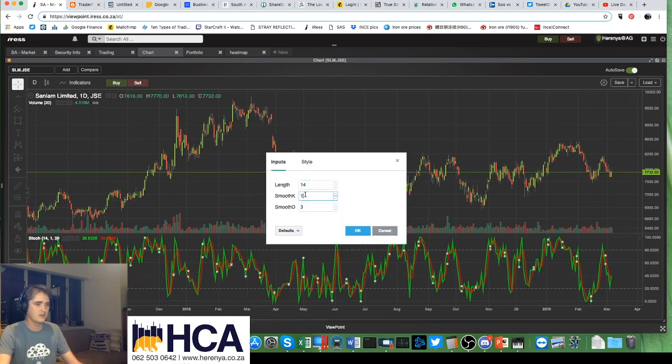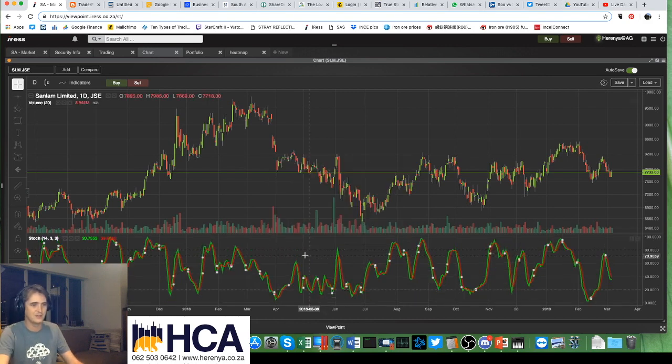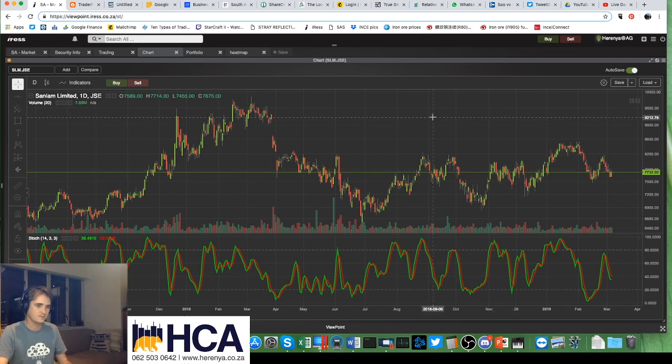If we then add 3-day smoothing on the smoothing, we end up with a much better looking picture. So what was the percentage D line now becomes the percentage K line, and we're adding a new percentage D line, and that gives us a much easier to read indication that's not as messy as the previous one.